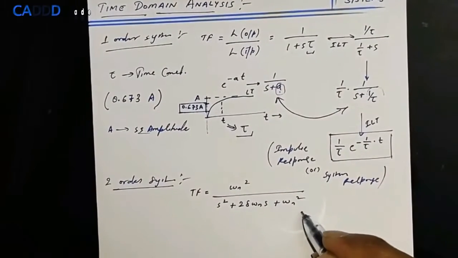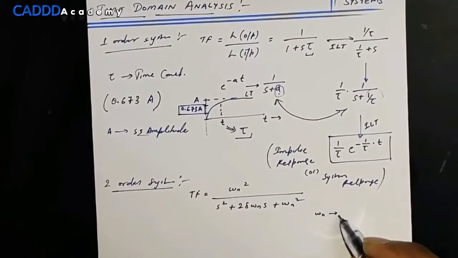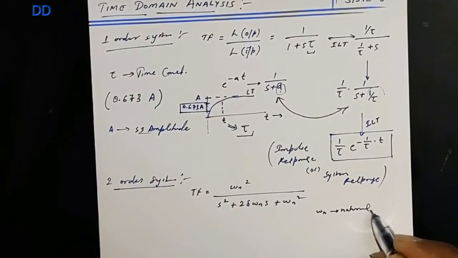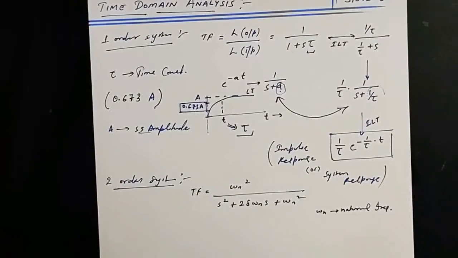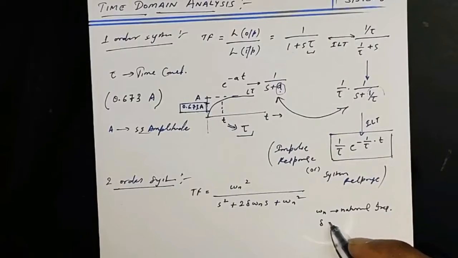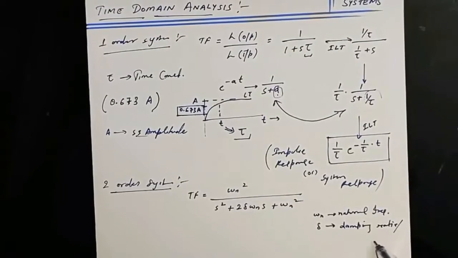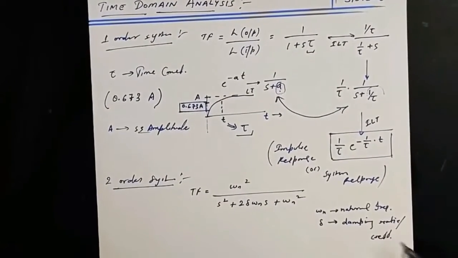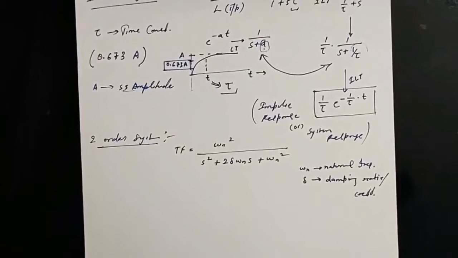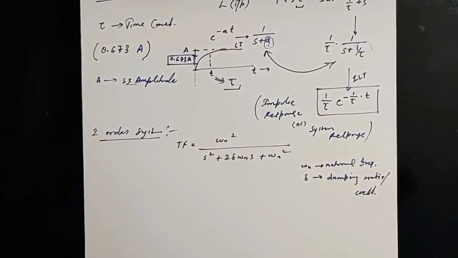Where omega n is equal to natural frequency, and zeta is what? Damping ratio or coefficient.